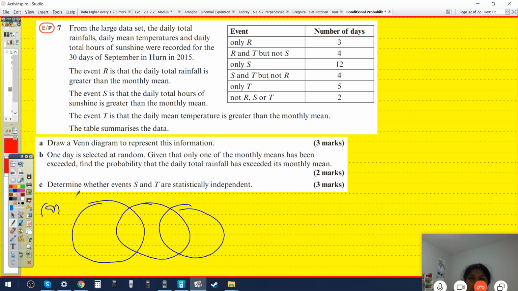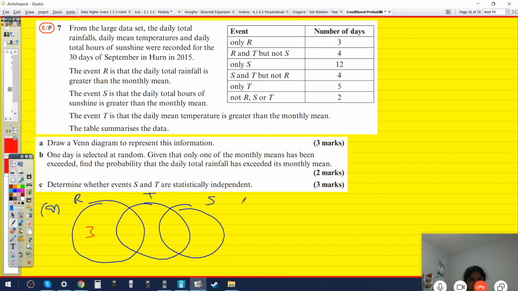And then just fill it in because only R is 3. They've actually made that part simple. Oh, but T should be in the middle, not S. Yes, they're tricking me. So you can just fill in the information. R and T, not S, is 4 in the intersection.